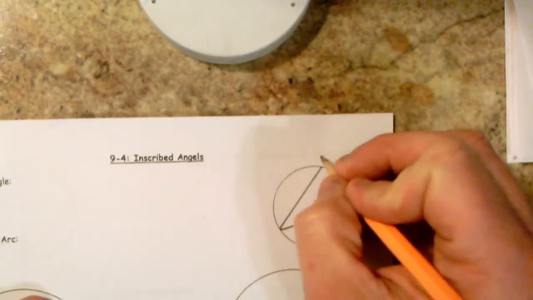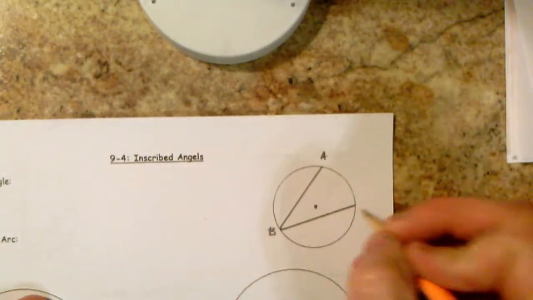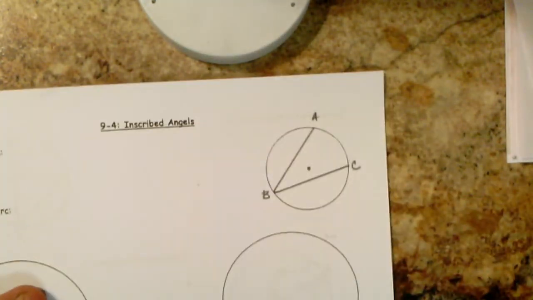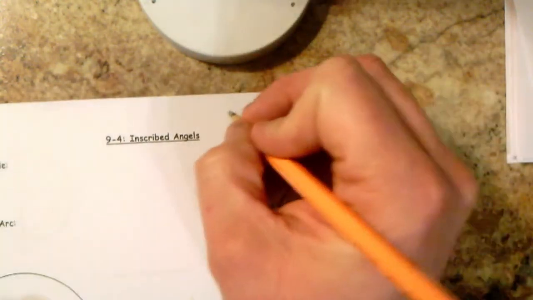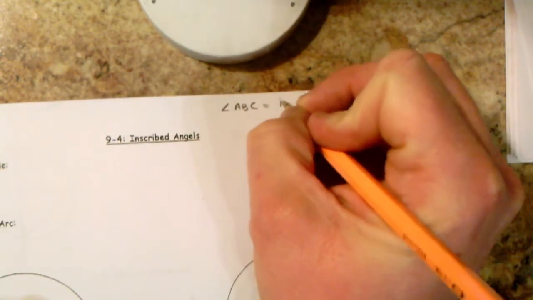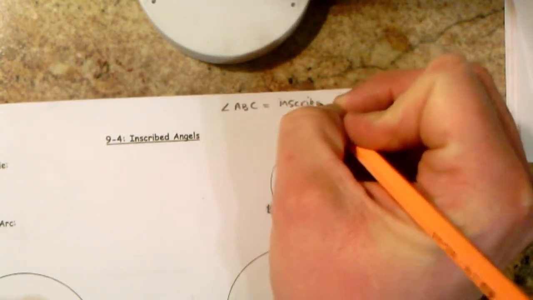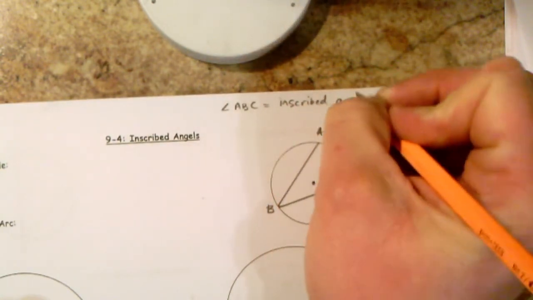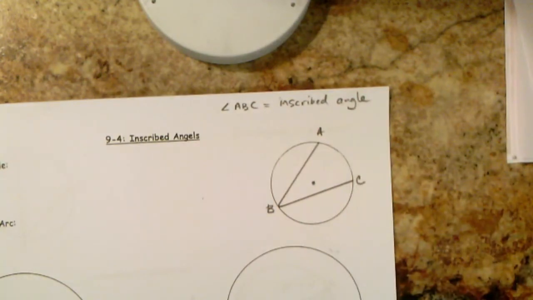I'm going to label it A, B, C, okay? And maybe you can write down that angle BABC equals inscribed angle. Okay, inscribed angle.